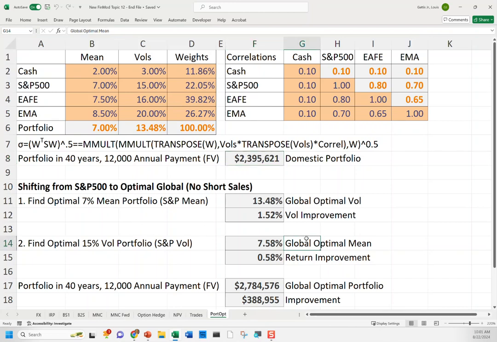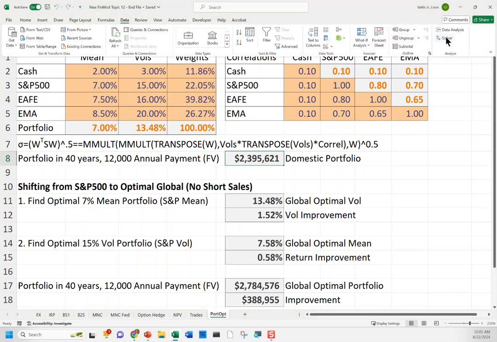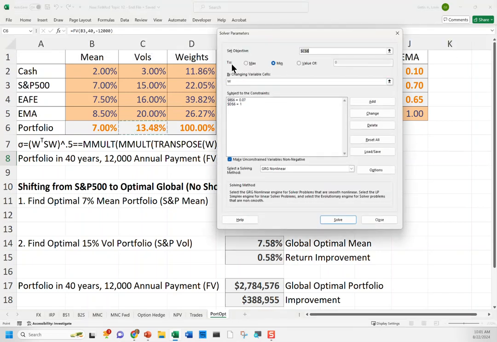Then we can also try another way of optimizing this portfolio. What if we run Solver to maximize mean for that level of vol? So let's go ahead and run Solver and do that. We want to maximize mean.